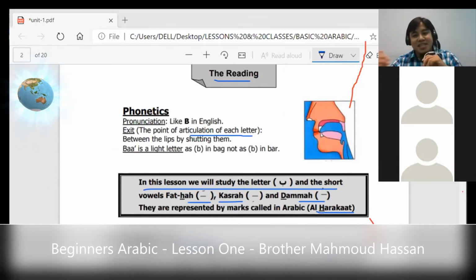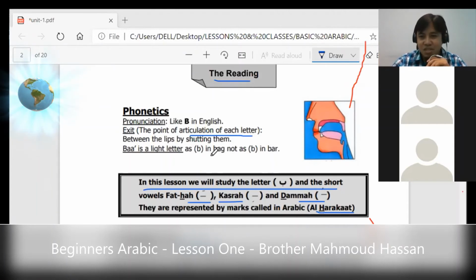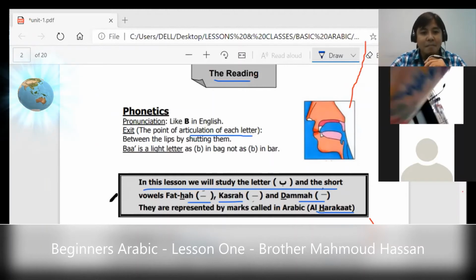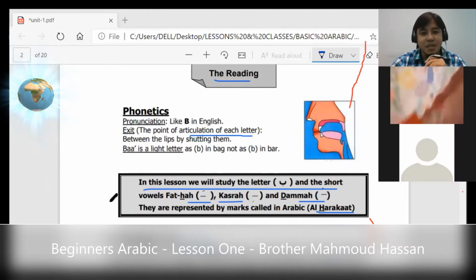As in the example I gave you before, in every change of elongation or iteration of the word, the exit point will change, then the meaning will change. Ba is between the lips, by shutting them, closing your mouth, then saying the letter ba.